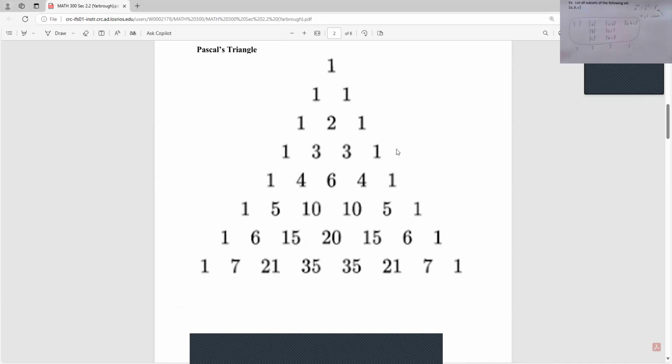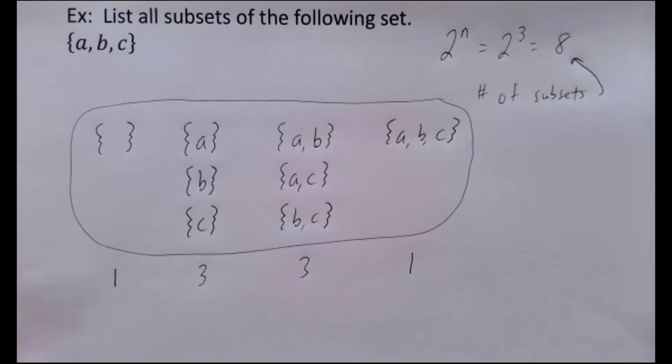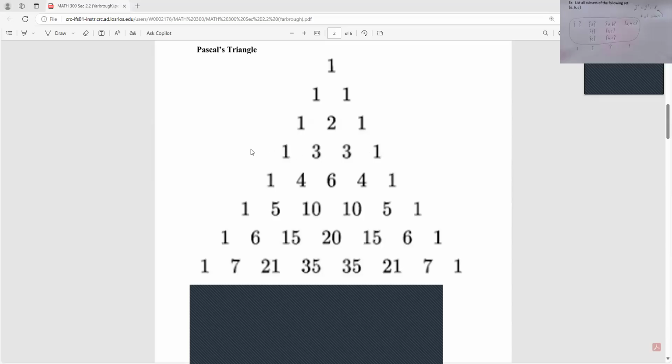One, three, three, one happens to also be one of the rows of Pascal's triangle.